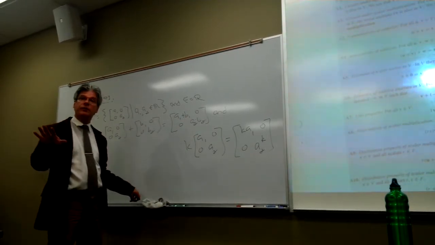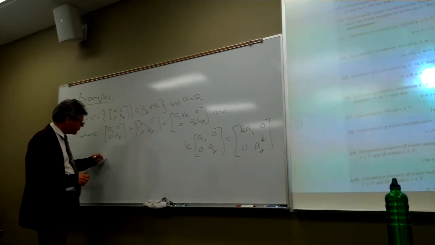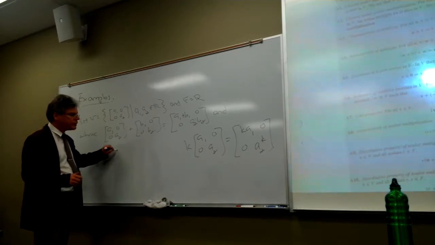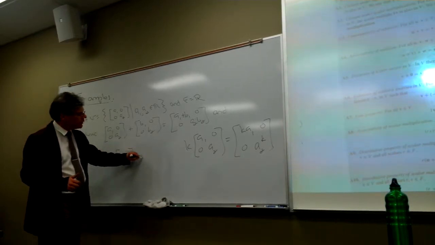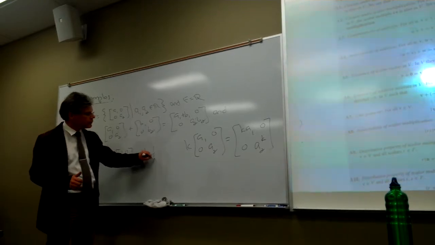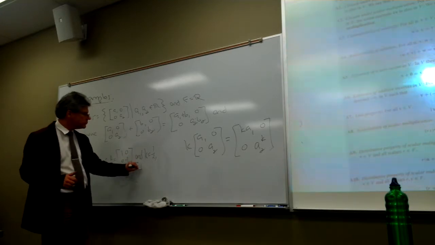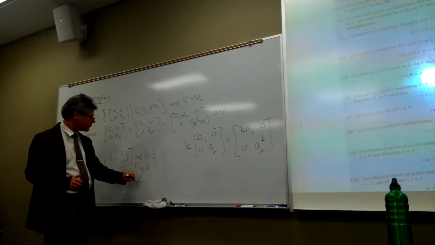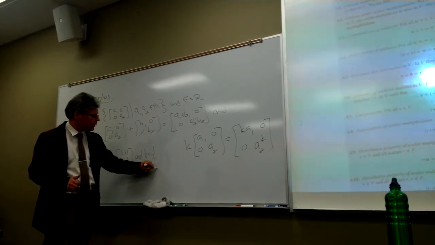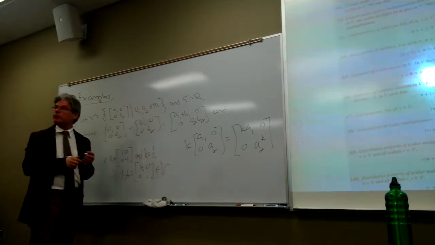Now, you can say that in words, the way you just did, or just say, if A is equal to this, and K is equal to this, then certainly K times A, which is this, is not an element of V, because in V, these entries have to be real numbers.